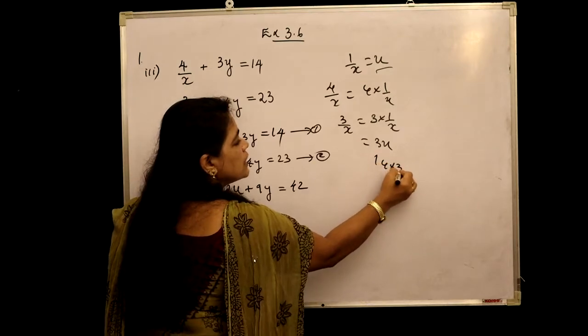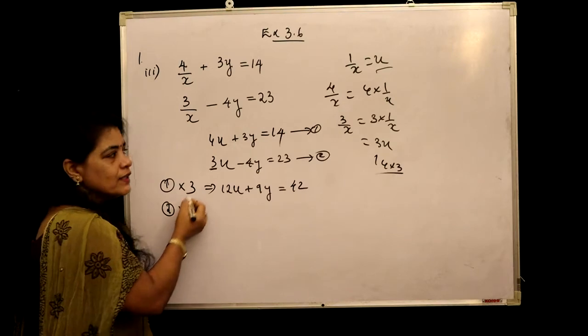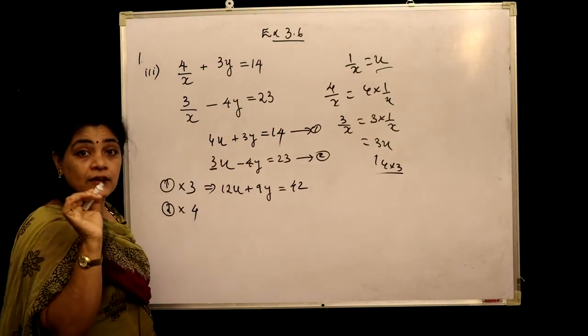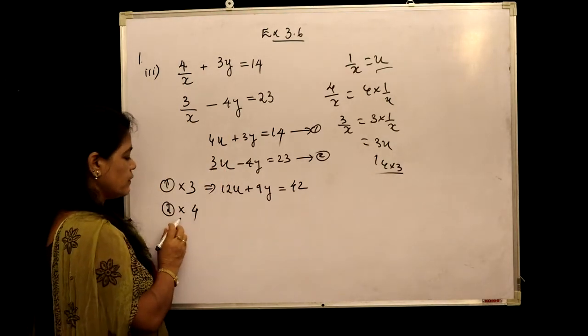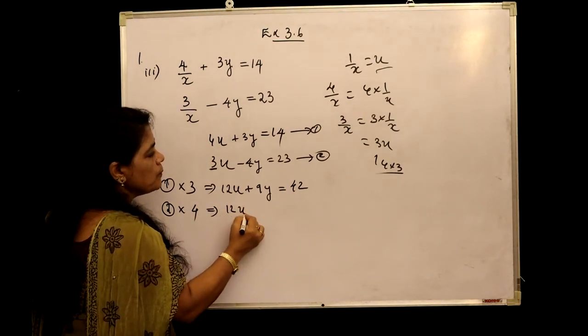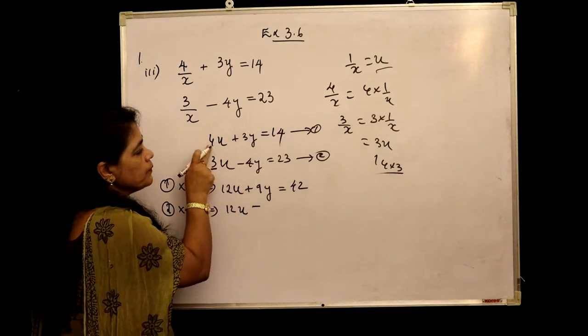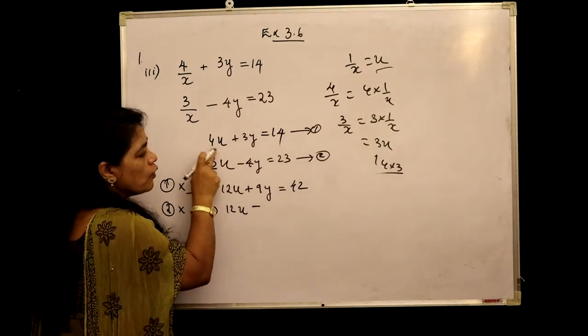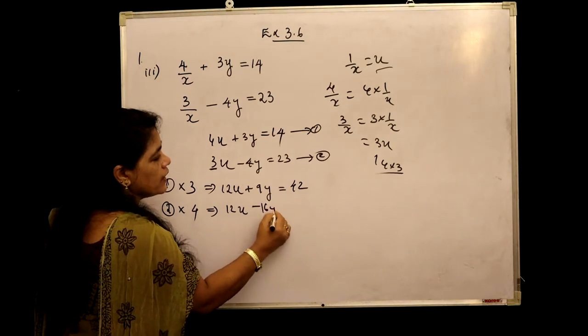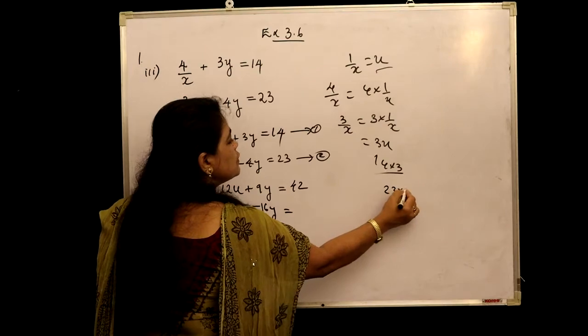And we are multiplying equation 2 with the coefficient of u in the first equation, that is what we have written here. So with 4: 12u minus, since here the sign is negative, 4 into 4, 16y is equal to 23 into 4.